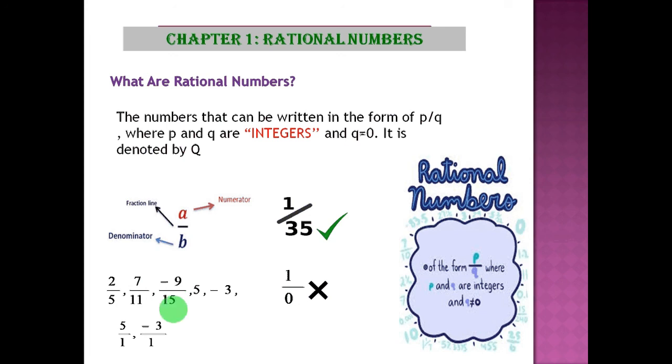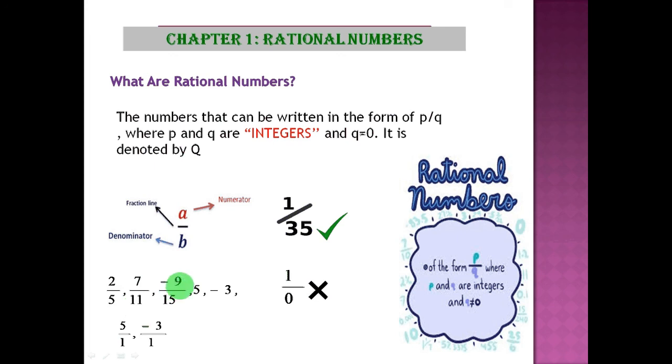So minus 9 by 15, we cannot call this a fraction, because here it is negative, this is an integer. For fractions we should have only whole numbers, like 2 and 5. These are two whole numbers. 7 and 11, these two are whole numbers. But here minus 9 is an integer.